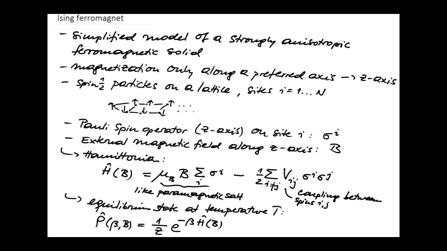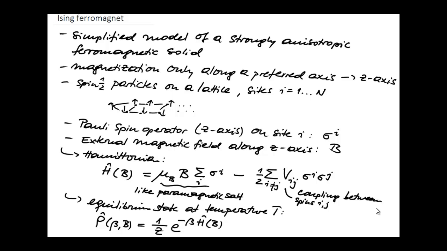Very similar to the model of a paramagnet that we had looked at, we consider spin 1/2 with an associated magnetic moment on a fixed crystal lattice. There are n sites, so n spins in total at sites from 1 to n. And as in the case of the paramagnet, we have a Pauli spin operator.